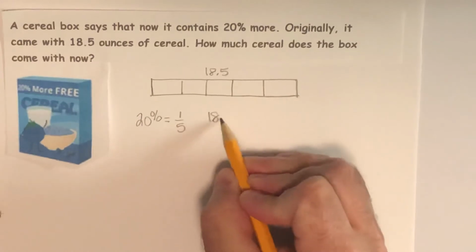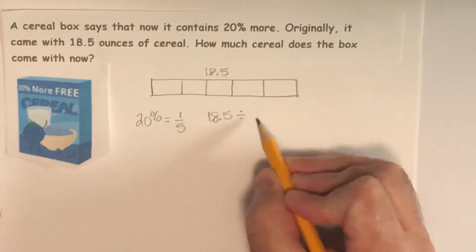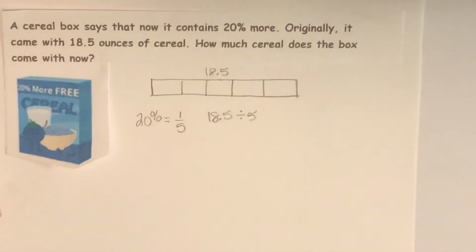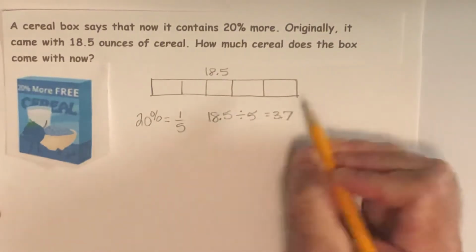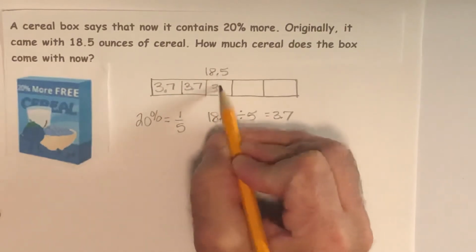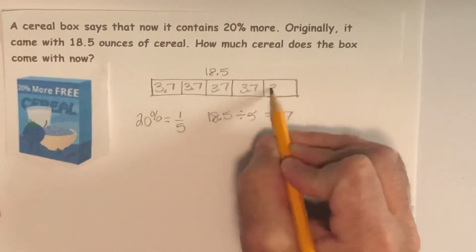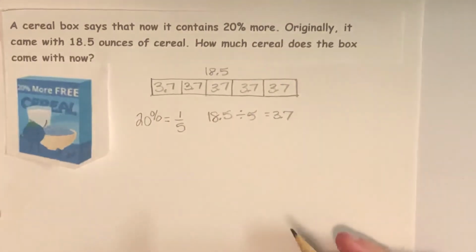So I'm literally dividing 18.5 divided by 5. You can use your calculator to find 18.5 divided by 5 is 3.7. So that means that each of these parts is 3.7. In other words, 20% of 18.5 is 3.7.